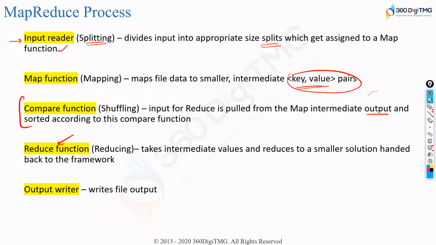So once the data is available, you might want to do some kind of sorting or pre-processing. That's your compare function. After that is done, the data goes as an input to the reduce function.